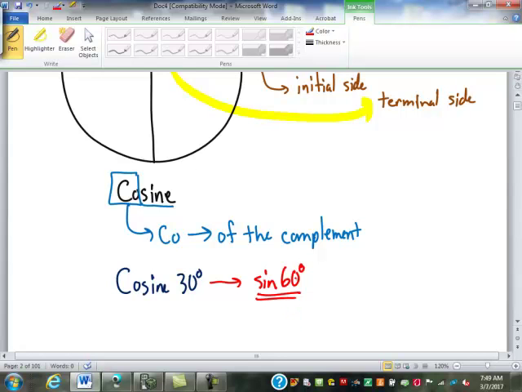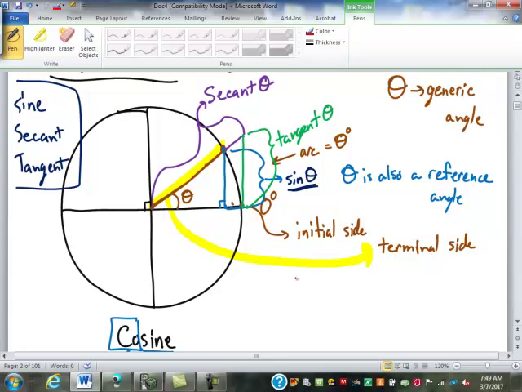Now let's go back up to our unit circle here for a minute. Where is the complement of theta here? Well, this angle right here is a right angle. This is 90 degrees here. So the complement of theta would be right here. Does that make sense?